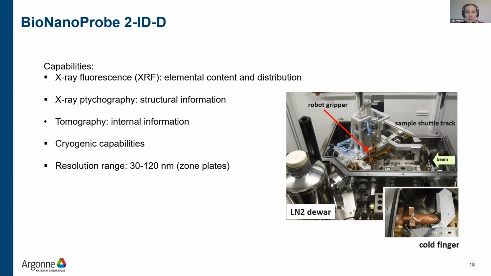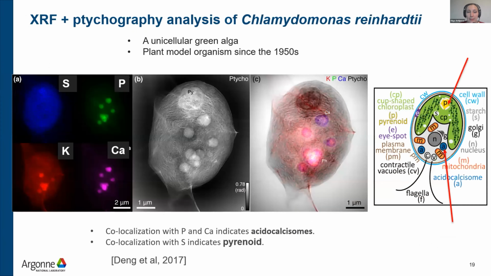It was a very nice option for high resolution imaging of biological samples at cryogenic conditions with 30 nanometer resolution available. And here's one of the examples of both ptychography and XRF imaging.